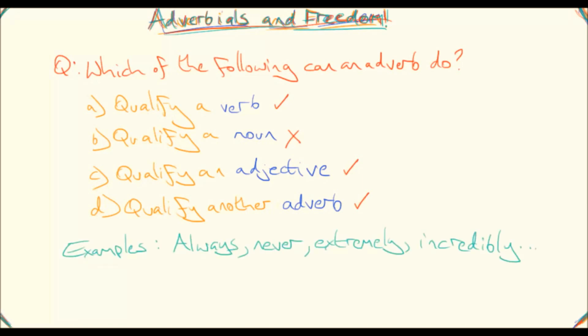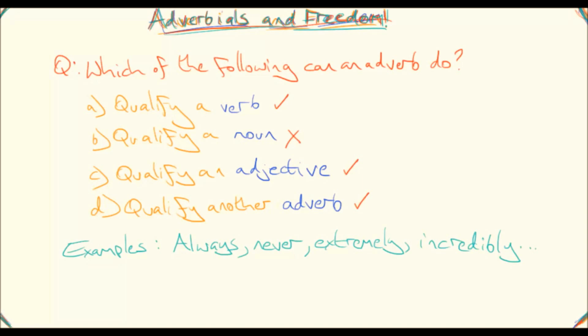We've got always, never, extremely, incredibly, lots of those ly words when we take the adjective and add ly at the end. If we take an example of qualifying a verb, well, I run. I always run. There we go, qualifying a verb.